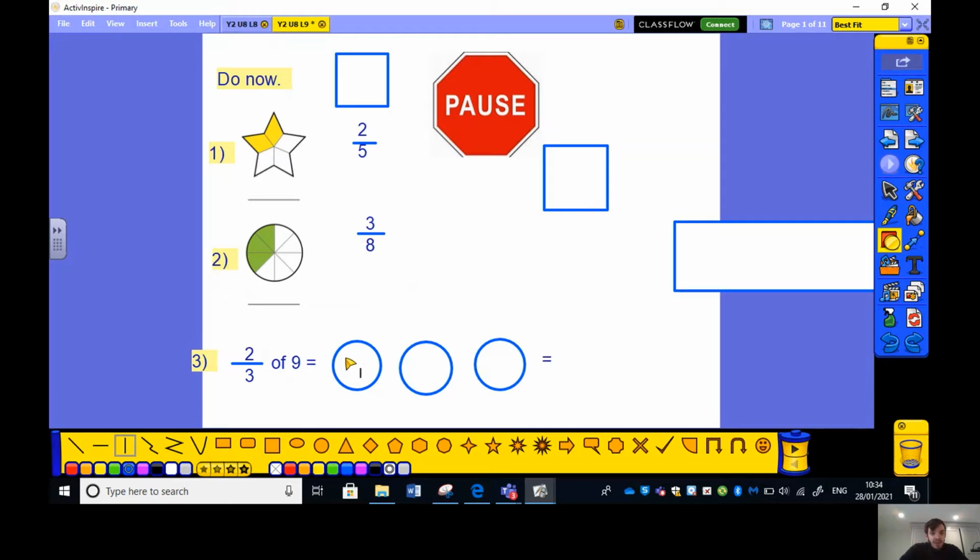So 9 divided by 3, 1, 2, 3, 4, 5, 6, 7, 8, 9. So I know now, once I divide 9 by 3, 1/3 is equal to 1, 2, 3. Here's another third with 1, 2, 3, and another third with 1, 2, 3.